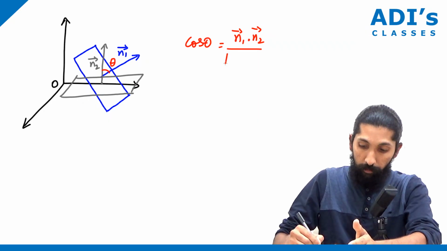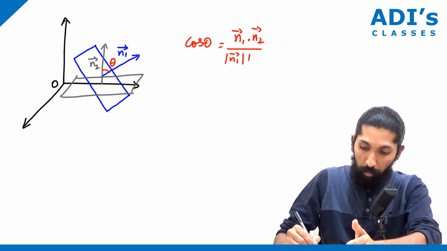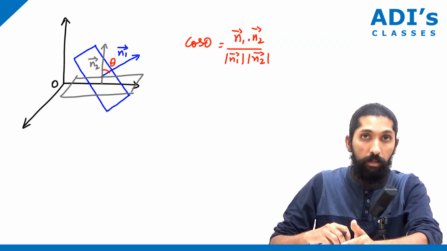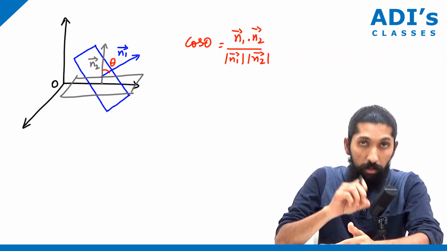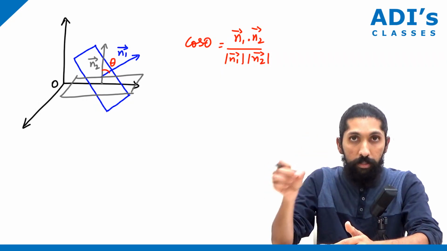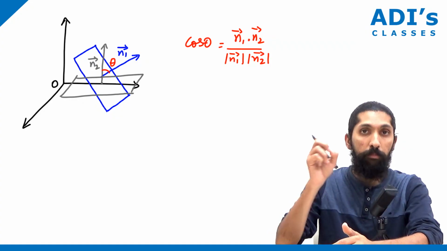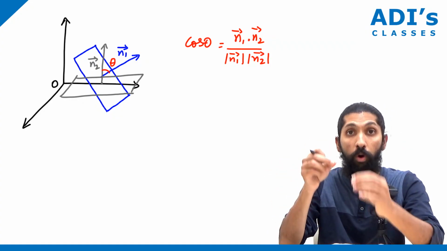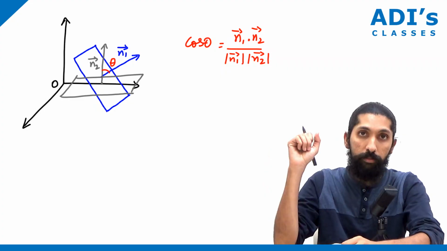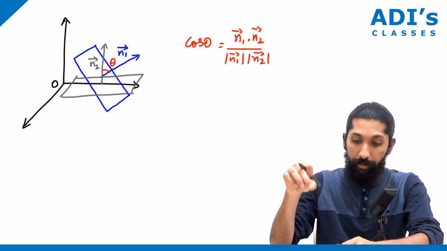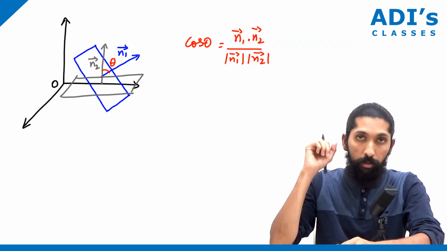So, mod of n1 into mod of n2. This gives us cos theta, the angle between the two normal vectors n1 and n2. And not only that, the angle between the two normal vectors is also the angle between the planes. Clear? So, cos theta is n1 dot n2 by mod of n1 into mod of n2.